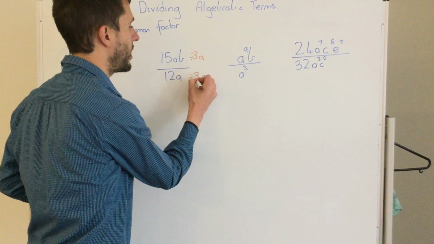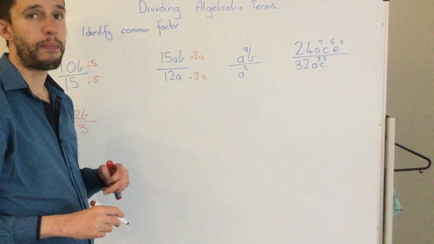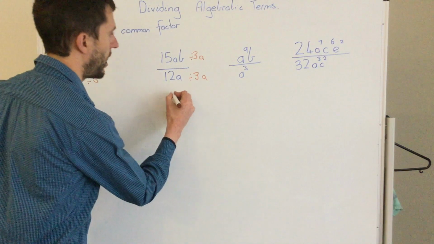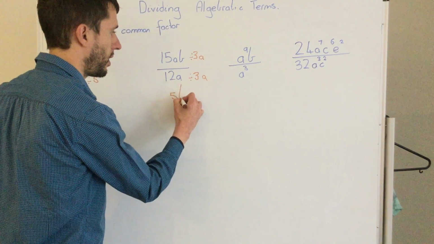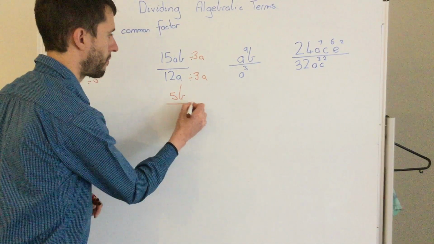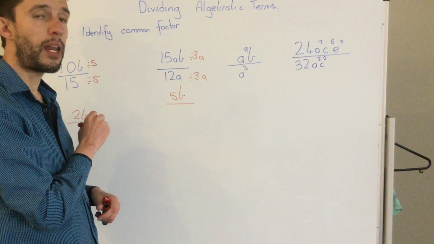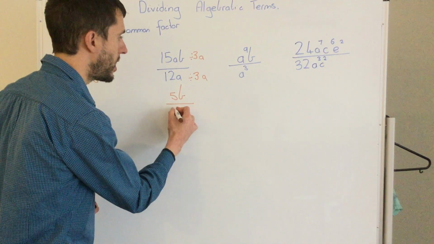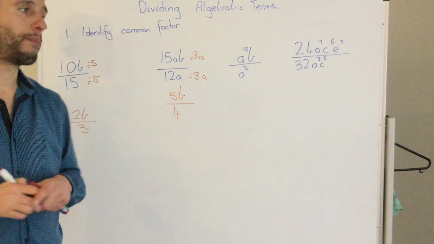So I'll be dividing by 3a. 15 divided by 3 equals 5. The a's are cancelled out and it becomes 5b. 12a divided by 3a, the a's are cancelled out and it's 12 divided by 3 equals 4. So 5b divided by 4.